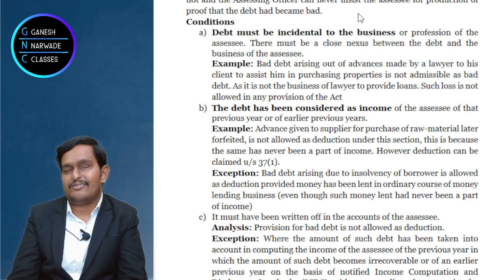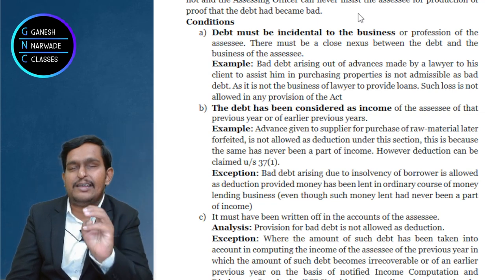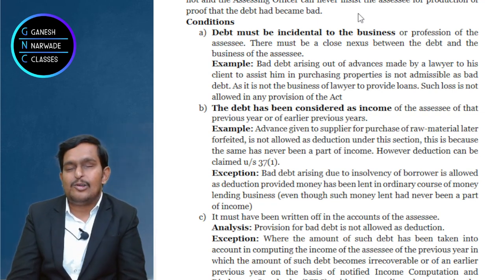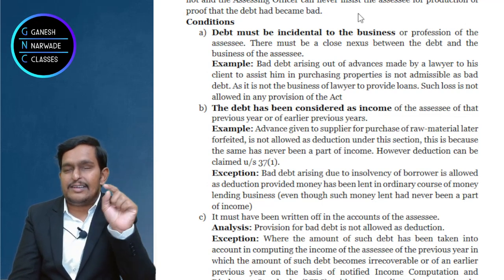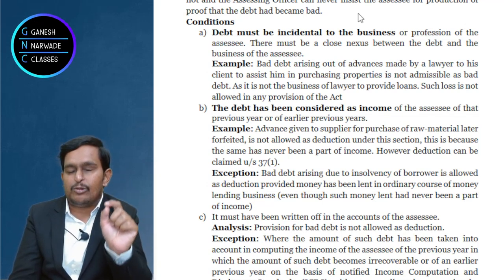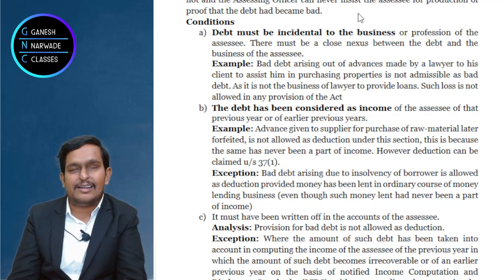Second condition satisfied. Now the point is you are not able to recover, so you have written it off as bad in your accounts. Did you write the bad debts journal entry? Did you write it as bad debts in the P&L account? If the answer is yes, then third condition satisfied.